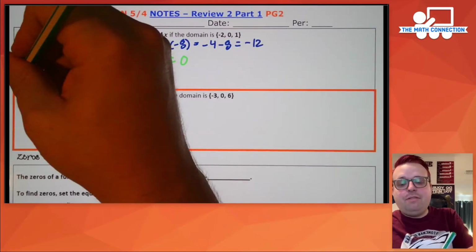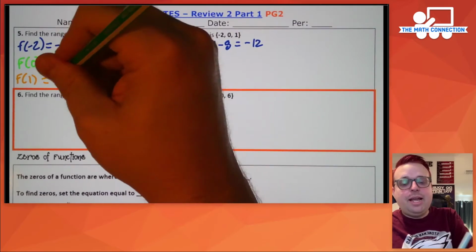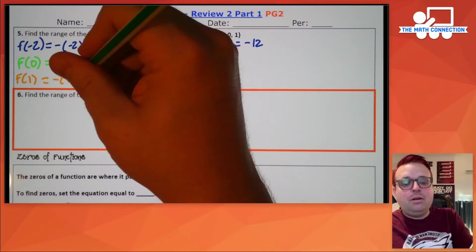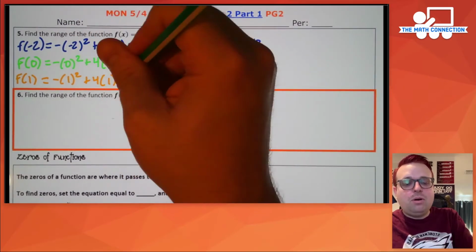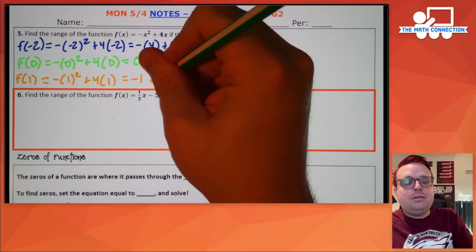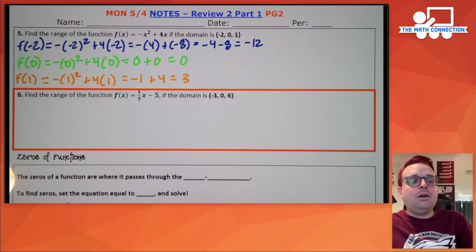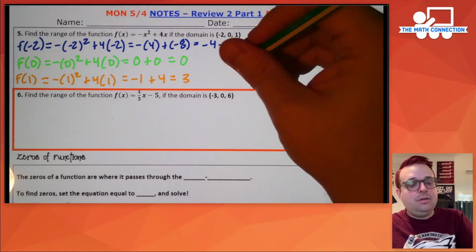And then I have to do f of 1, which means I plug in 1. It's going to be -1 squared plus 4 times 1. So that's -1 plus 4. That's +3.